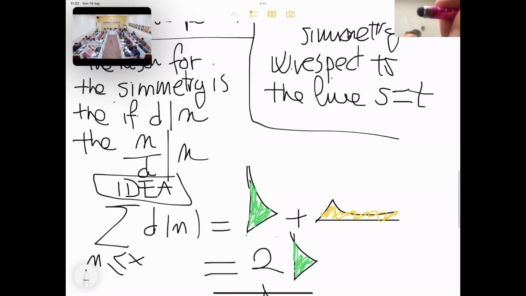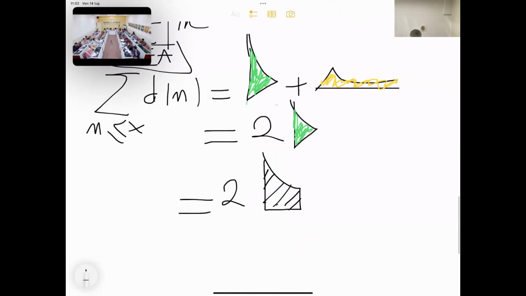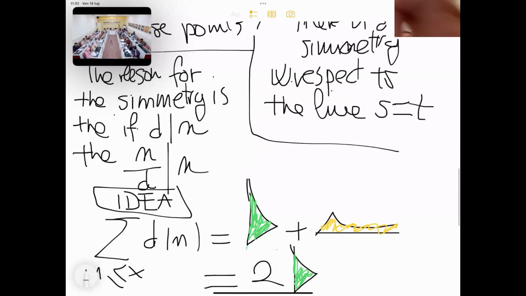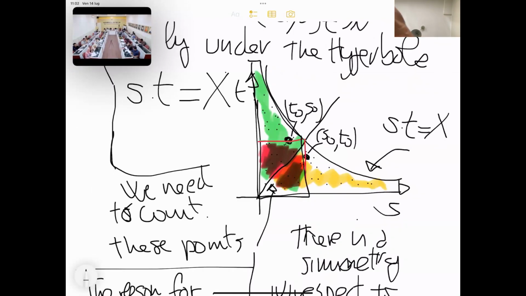So I count twice the points in all this region. But if I do that, then I've counted the points in the square twice, right? And so to this, I subtract the points in the little square. So this is the way to count them: count twice the integers below this piece, and then subtract once the points on the square.